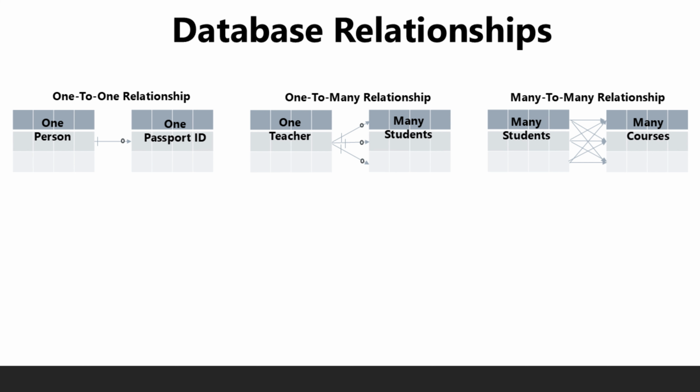If you were to use a one-to-one, you could say one person has one unique passport ID. Then you have a many-to-many relationship, which is students can have many subjects that they take, and you could have different courses assigned to different students. That would be a many-to-many relationship.